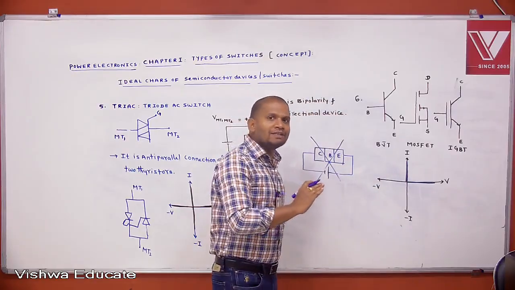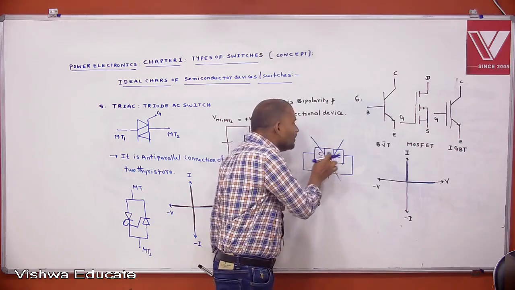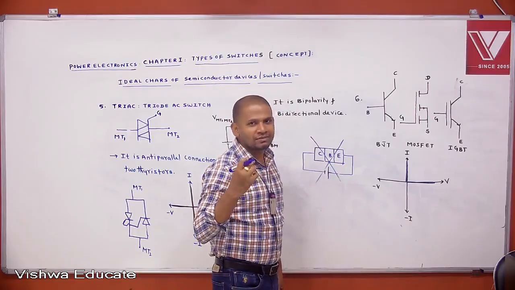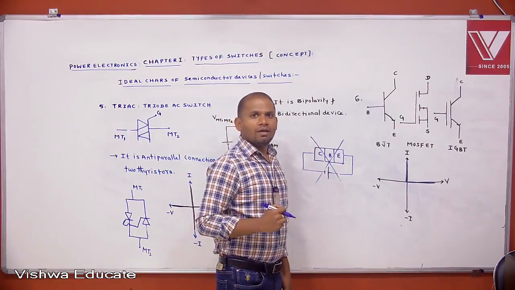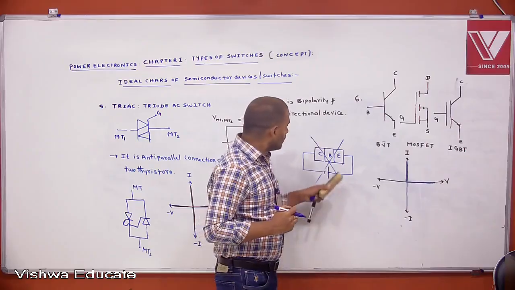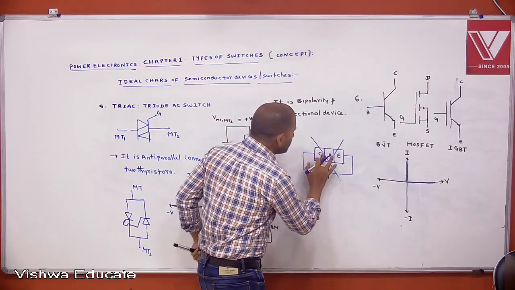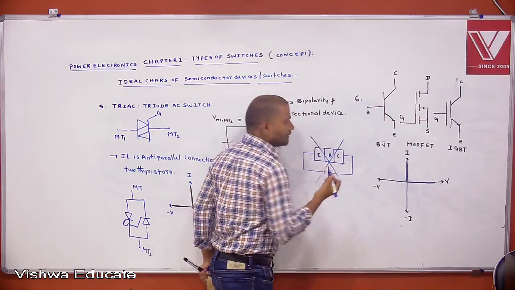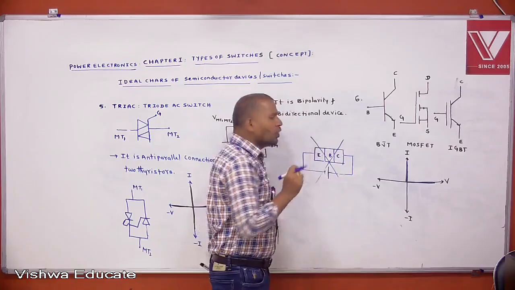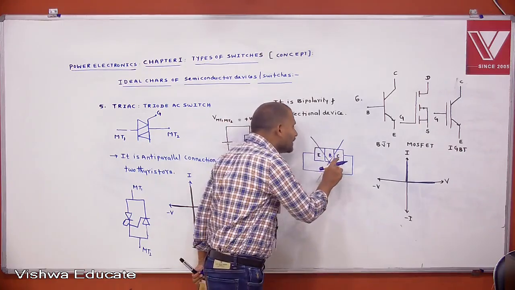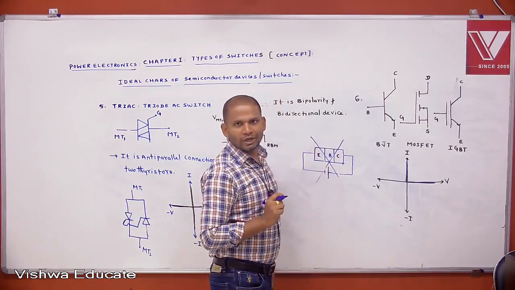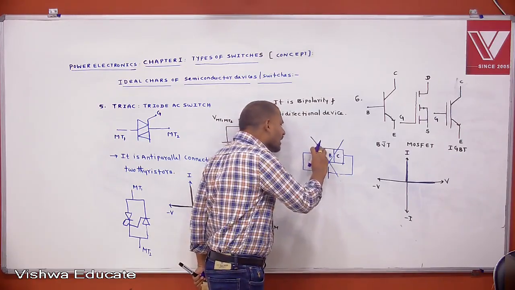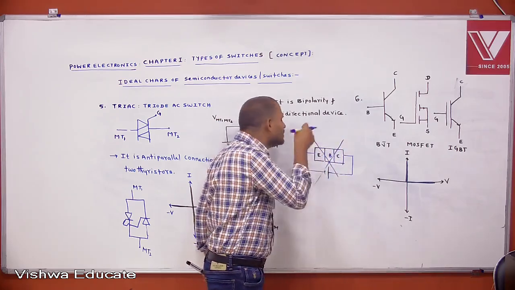If the reverse voltage is applied, we know that the emitter is highly doped and the collector is moderately doped. Sorry, this is the emitter and this is the collector. If the doping concentration increases, the blocking voltage will be reduced.